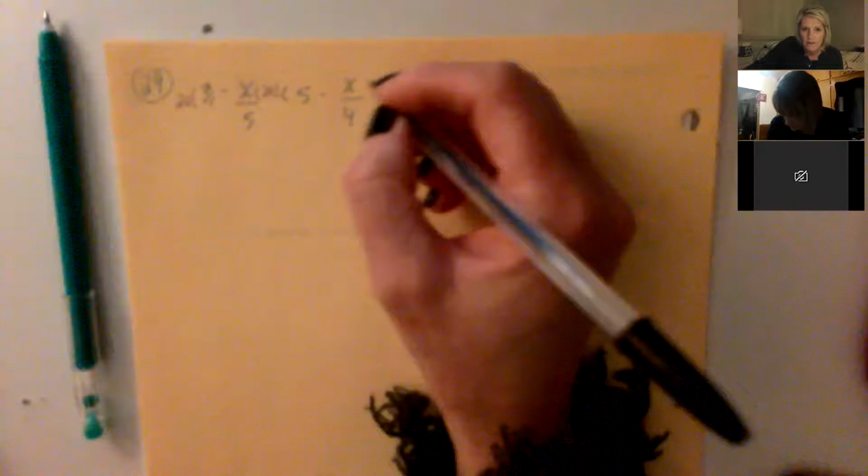Yep. So I'm going to multiply 3 times 20, I'm going to multiply this fraction times 20, I'm going to multiply 5 times 20, and then this fraction times 20.